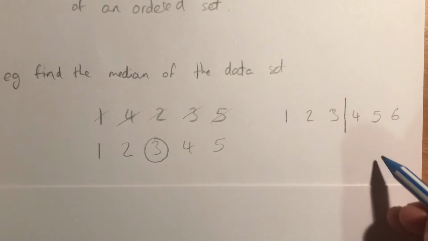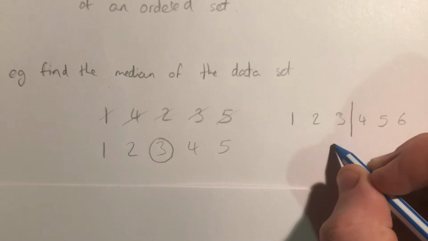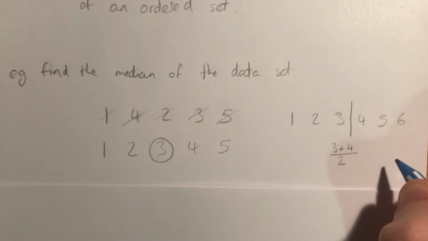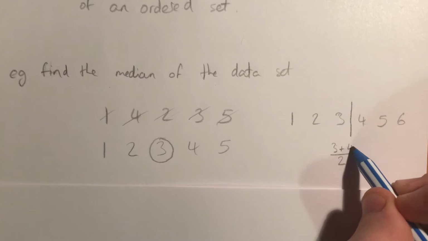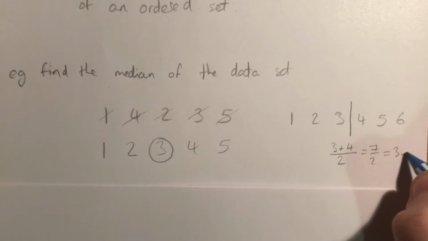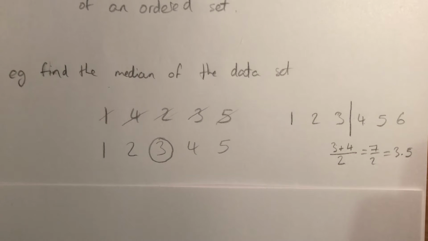What if it was 3 and 14? How would you find the halfway point between those two numbers? Well, simple way of doing it: add the two numbers together and divide by 2. So 3 plus 4 gives you 7, and half of 7 is 3.5. So the median in this case would be 3.5.